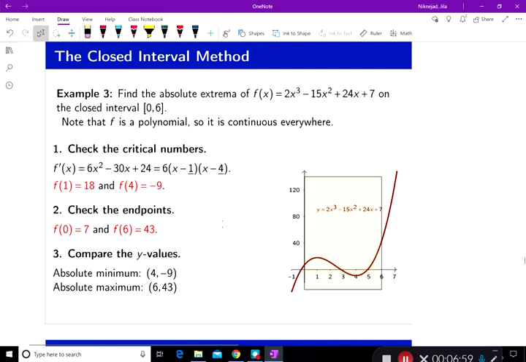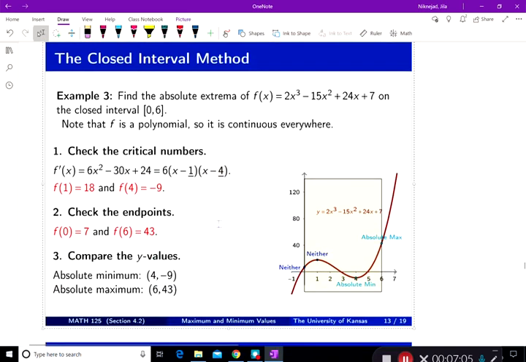And so we're working within a frame, and it gives you the absolute min and absolute max. And you see this one is neither, and this one is neither. That one's a local max, but it's not an absolute extremum at all, and this endpoint doesn't give you any absolute extremum.